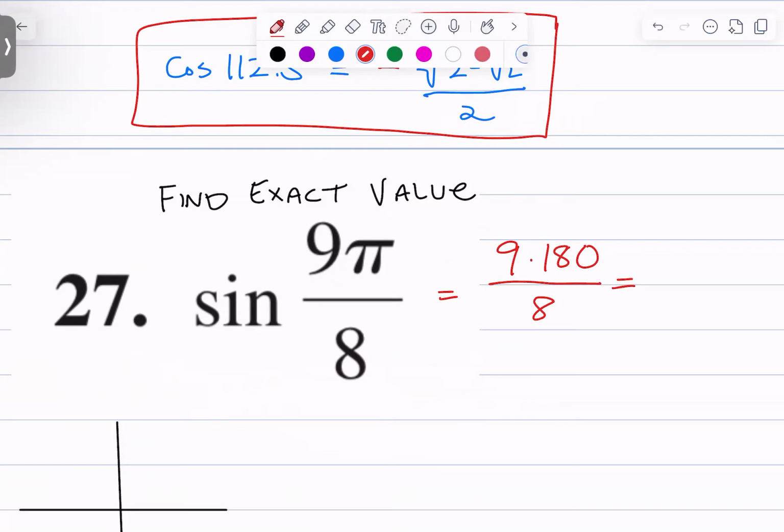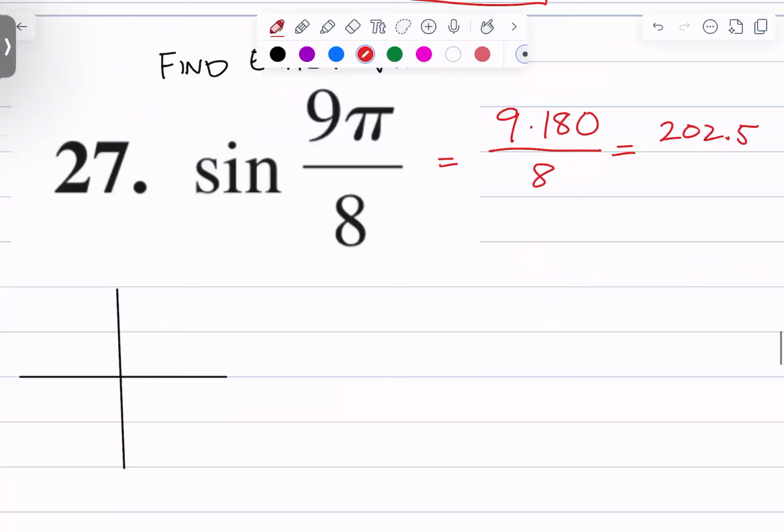So you multiply by 180, and if you do that math, this would be 202.5. Again, I know it's going to be the half angle formula because of the 0.5. So if I multiply 202.5 by 2, I get 405. So this would be the sine of 405 divided by 2.